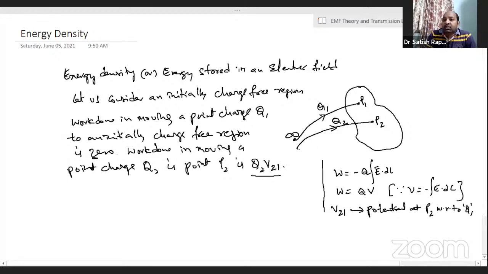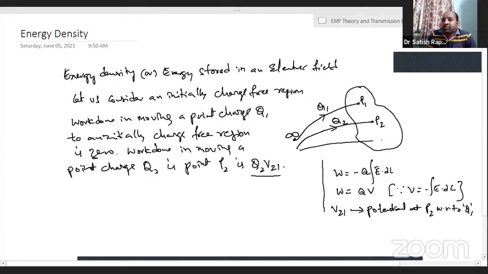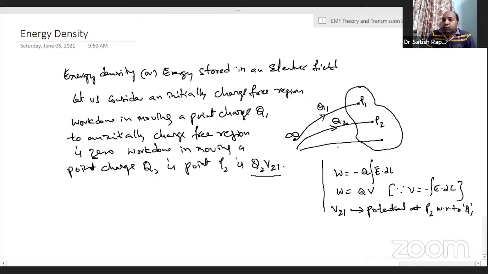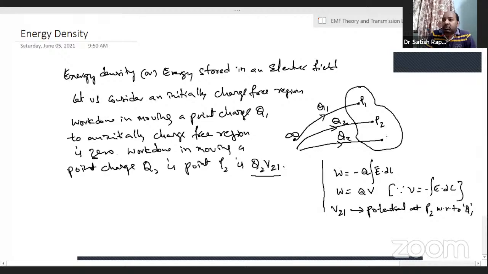Now, another third point charge. I'm trying to move another point charge Q3 to a point P3.